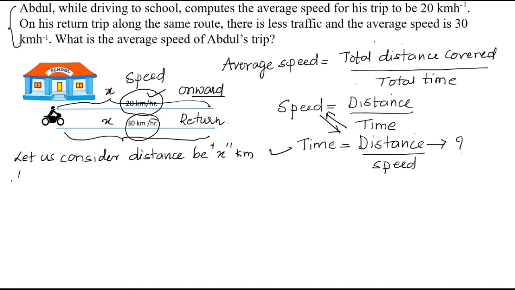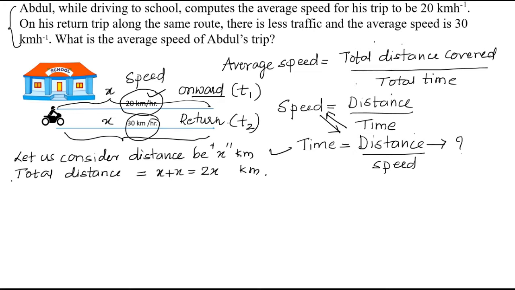Therefore total distance will be x plus x, which is equal to 2x kilometers, right? Now we got the distance. We will find the time here and the time here, denoted as t1 and t2.